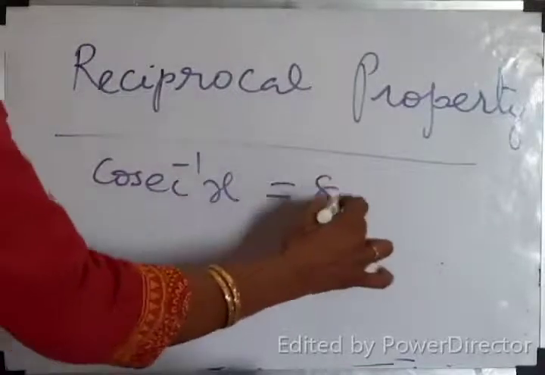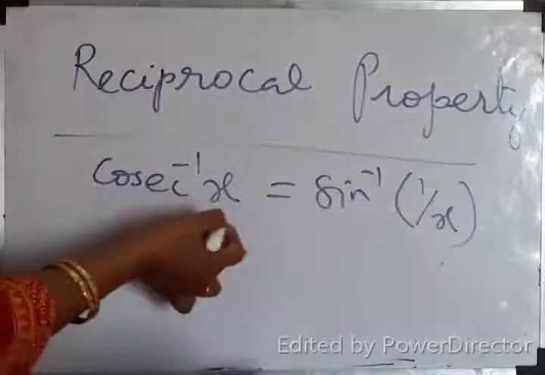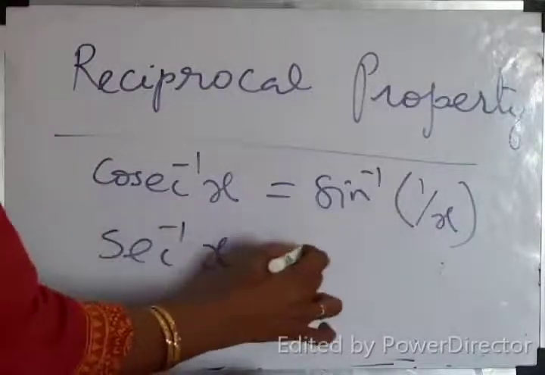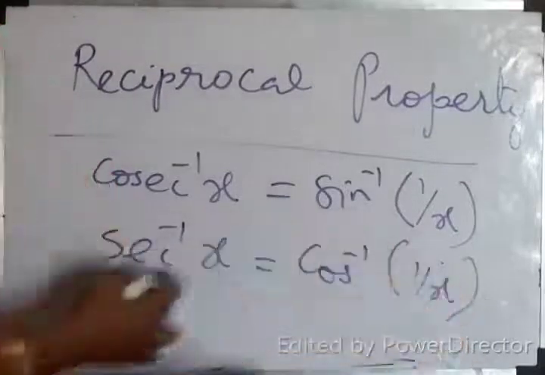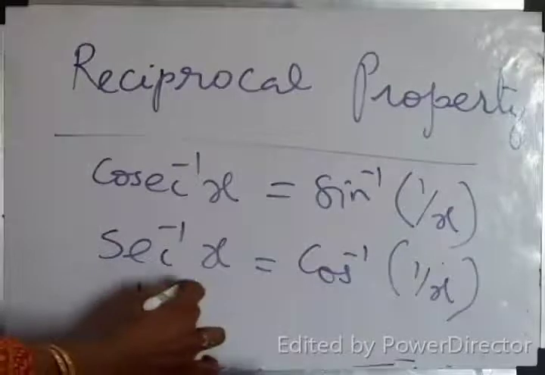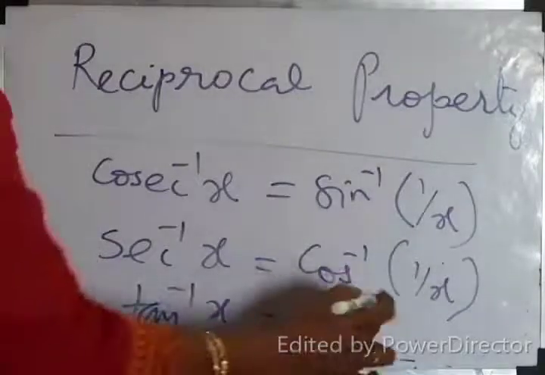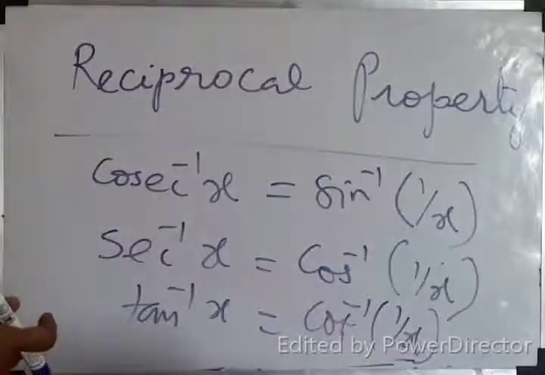What will you write? Sine inverse 1 by x. You only have to flip this. Then secant inverse x, what will you write? Cos inverse 1 by x. Tan inverse x, you will write cot inverse 1 by x. Like that you can take the reciprocal.